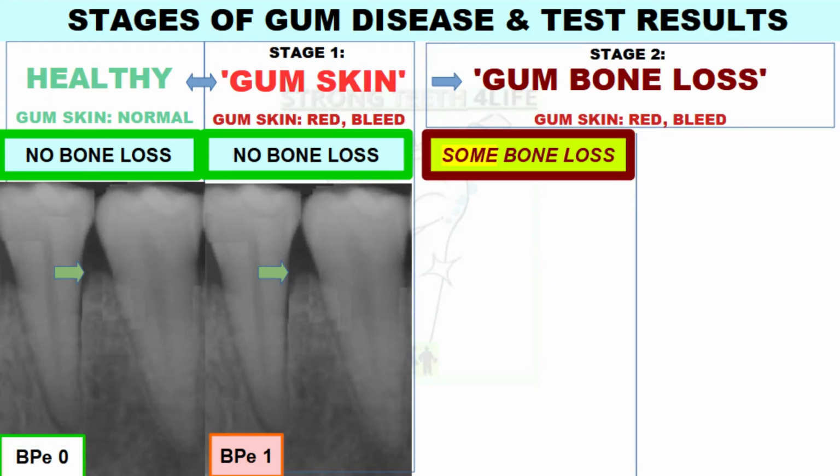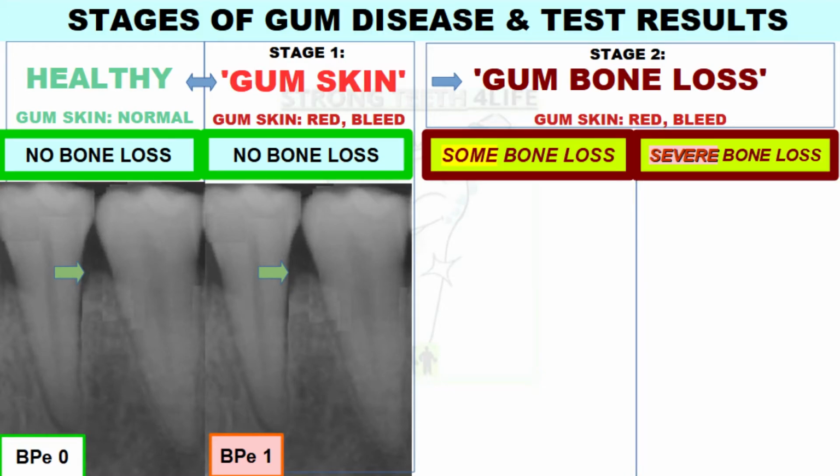The next stage of gum disease, stage 2, is where you have bone loss, where the gum skin is bleeding and red with some bone loss, or you can have severe bone loss.